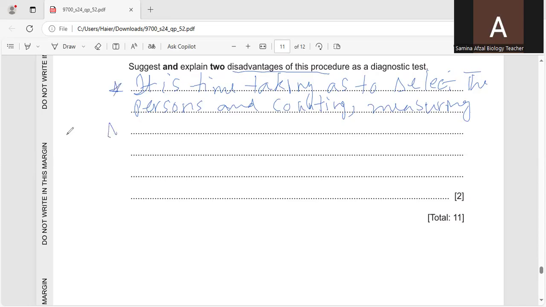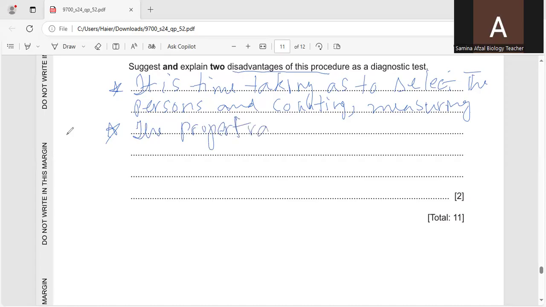And the second disadvantage can be that this investigation can be conducted by the people who are trained to get the samples. They know the lab work properly. They are properly trained people, lab technicians.